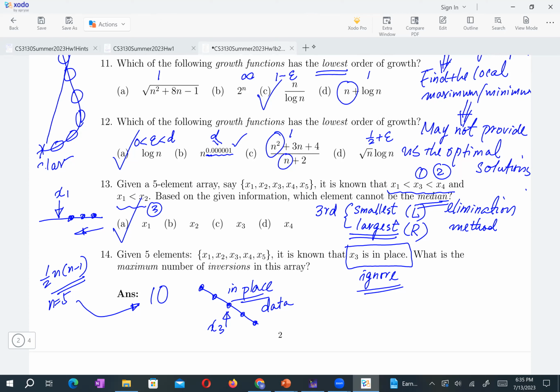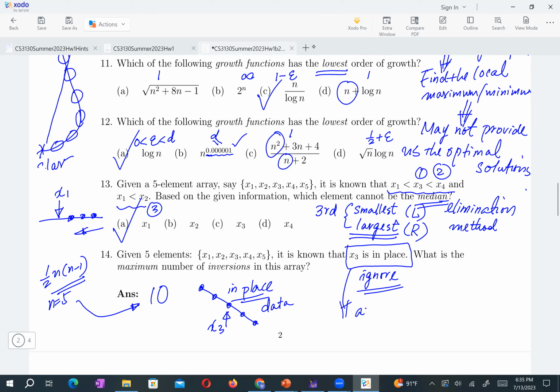I remember I gave another version of this question before. I said X3 is not in place. This semester I changed it to in place. The previous semester I used not in place. Then you have to change, because you won't get the descending order.